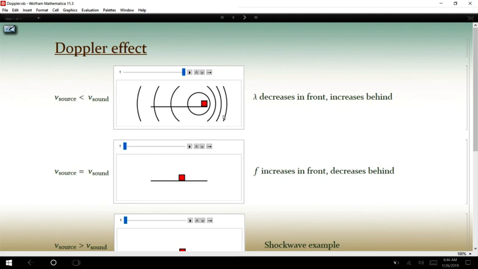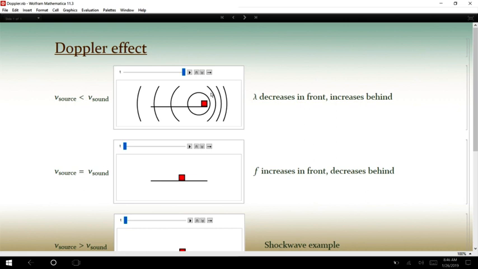So essentially, the idea is that the wavelength of the emitted sound seems like it decreases in front of the source and it increases behind the source, right? That's the example over here. Now, this is a particular situation where the source speed is smaller than the sound speed in the particular medium that we are in. For our purposes, we'll consider the medium to be just air.